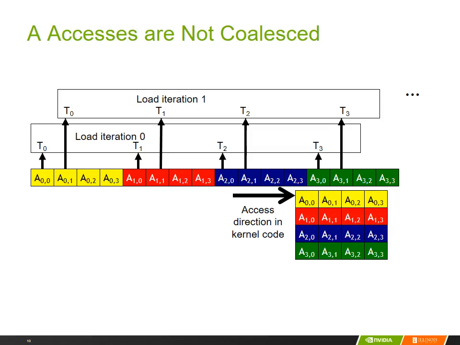When we move to the second iteration, the accesses are again spread across multiple burst sections. Each of these iterations will cause multiple DRAM burst sections to be accessed, and some of the bytes will be accessed and transmitted but not used.